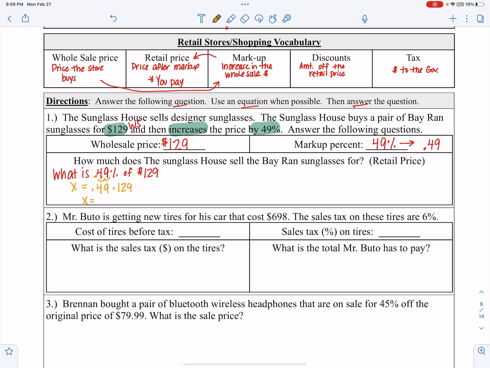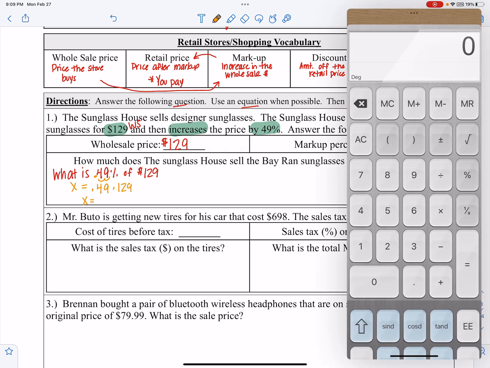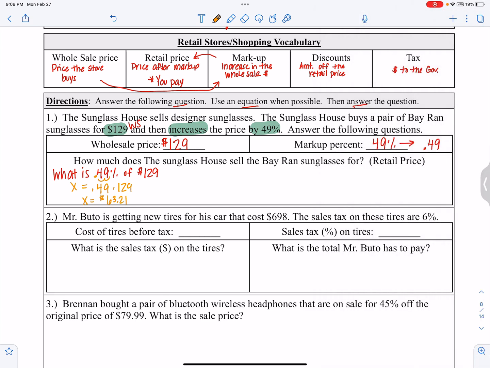And then we can go ahead and plug this into the calculator, 0.49 times 129, and we get $63.21. Now you always have to focus and think about what we were doing. We were just calculating what the markup amount is.